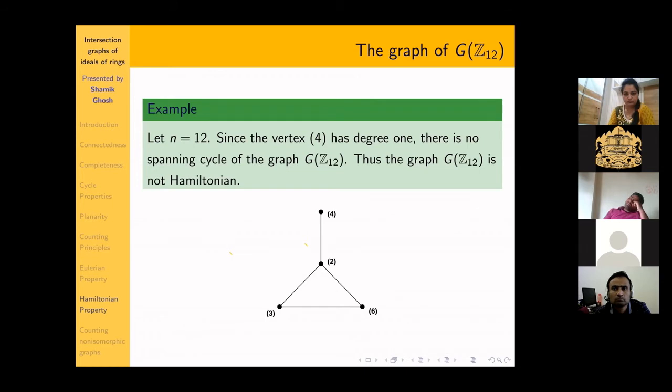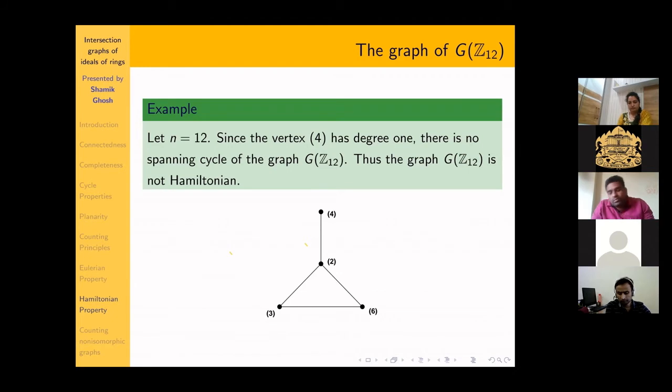And one very famous problem, the traveling salesman problem, is also unsolved here. That cannot be done in polynomial time. So one of the major problems of theoretical computer science is this Hamiltonian problem, and it cannot be done for large n.